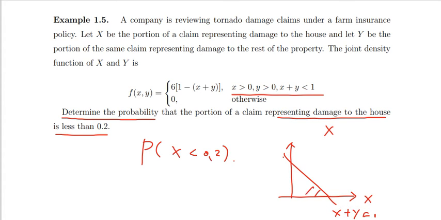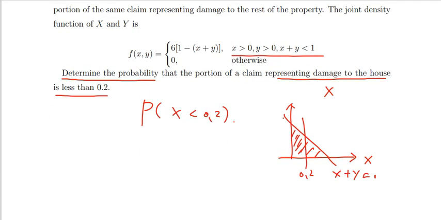We know the integration is this. We want x less than 0.2. So this is 0.2. We just want to find the probability in this region, this part.